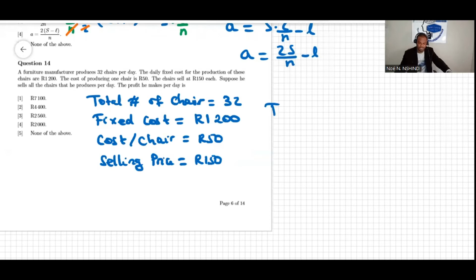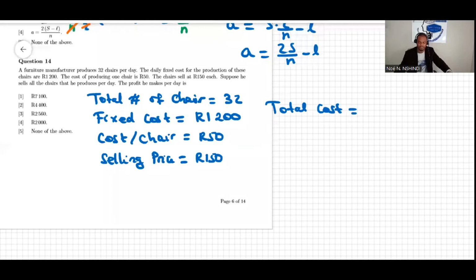Our total cost will be 1,200 rand, that's the fixed cost, plus cost per chair. Cost per chair is 50. The total number of chairs is 32. 50 times 32.